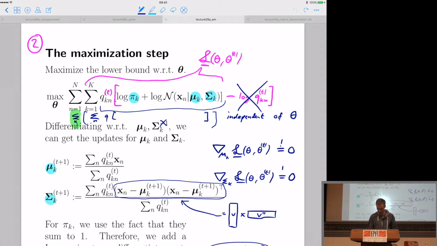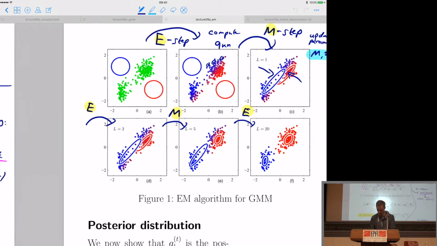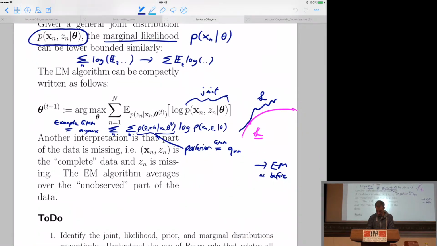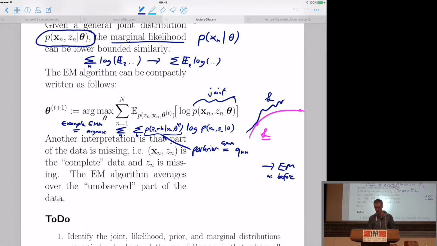So that's exactly the local model we had, and this stuff here doesn't matter. So that's exactly what we've done before. So I'm just saying that this is why it's a generalization. So posterior times the log of p of x and z.